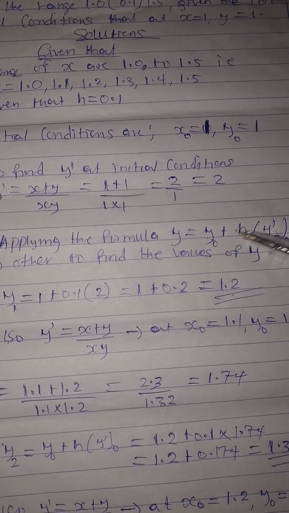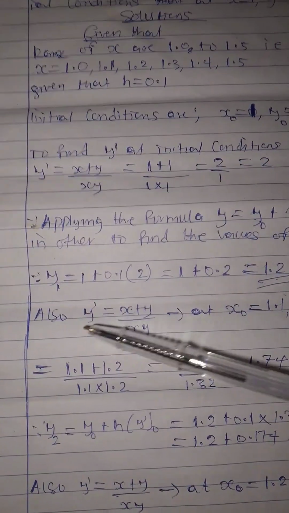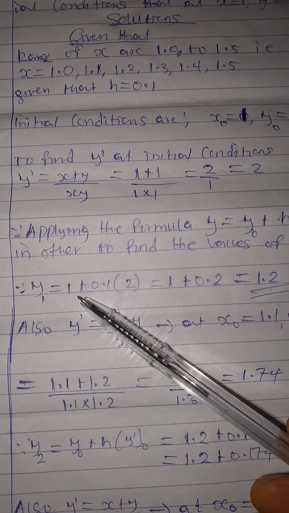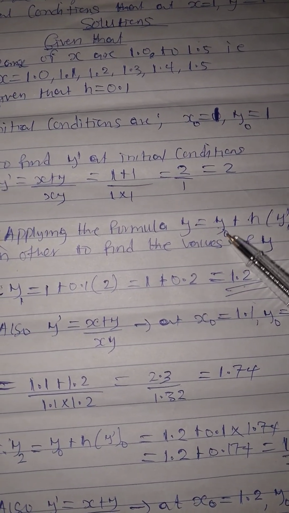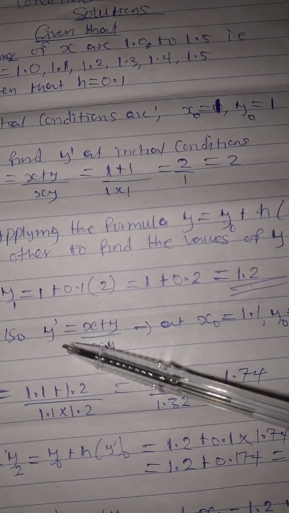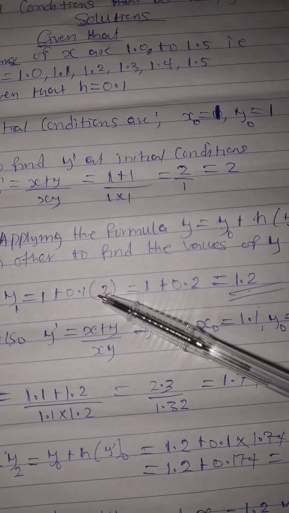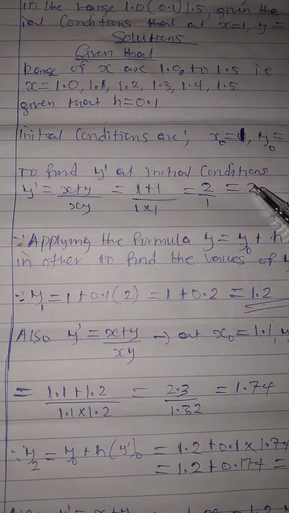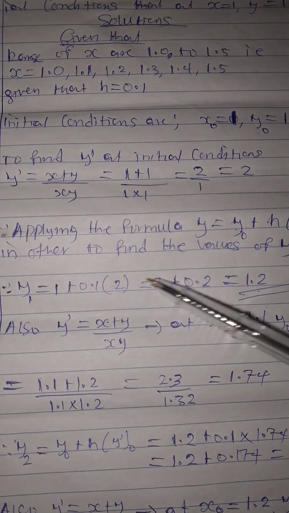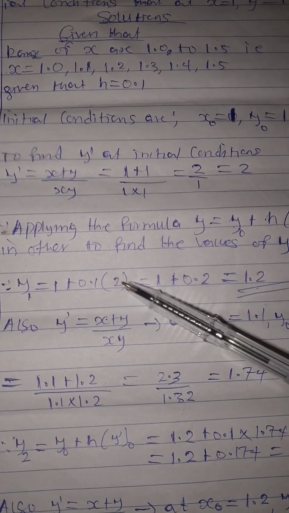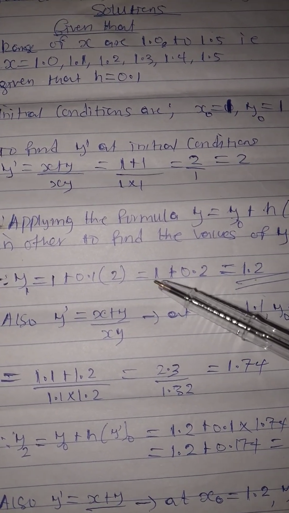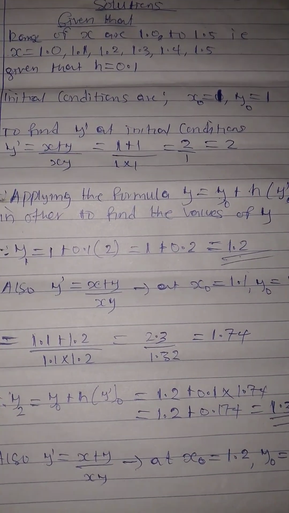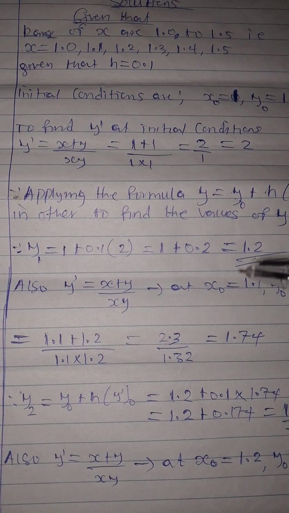So y1 is equal to y naught, which is 1, plus h, which is 0.1, times y prime naught, which we got here is 2. So 1 plus 0.1 times 2 gives 0.2. So 1 plus 0.2 is 1.2. After doing that, we are done with finding y1.